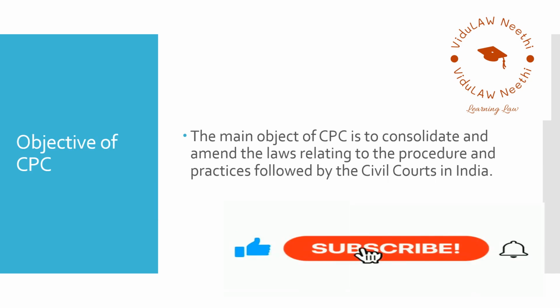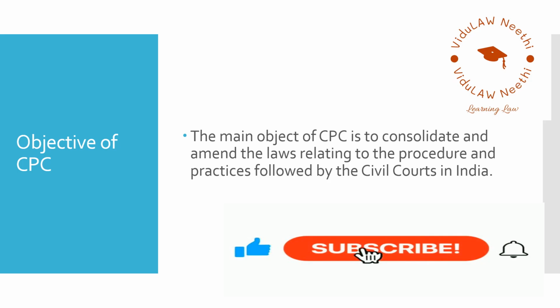The object of this code. The main object of the Civil Procedure Code is to consolidate and amend the laws relating to the procedure and practice followed in the civil courts in India. As such, it is stated in the preamble of the code that it was enacted to consolidate and amend the law relating to the procedure to be followed in the civil courts having civil jurisdiction in India.